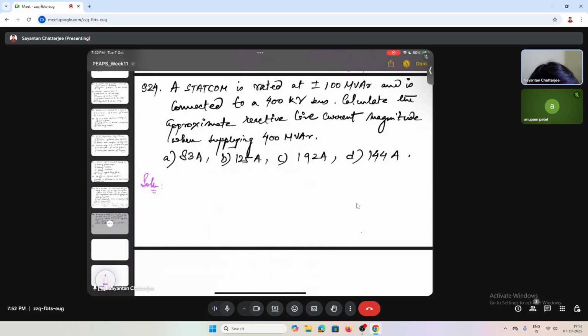So basically, it is given, reactive current we'll have to calculate. So what will be the reactive current? Reactive current, Q is 100 MVAR. Sorry, extremely sorry, this is 100.